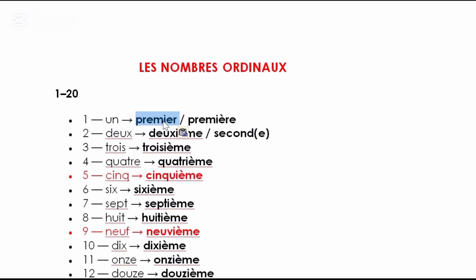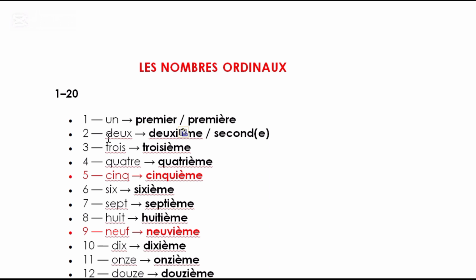When you are referring to masculine objects, masculine things, you use premier. And feminine is première. Première means first, but it is feminine. When we are referring to feminine objects, anything feminine, we use première.